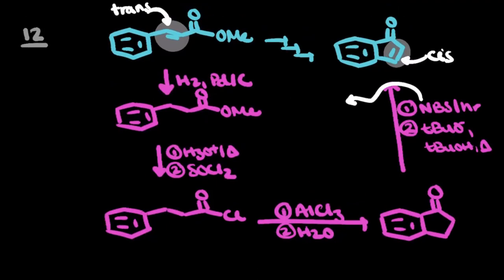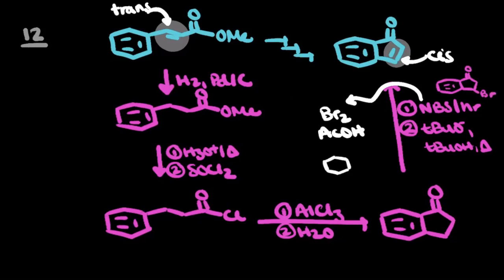So maybe instead of doing it at that alpha position to the benzene ring, you could do Br2 and some acid like acetic acid or acid water. That doesn't matter. The only difference would be a regioisomer, where this one would end up giving you this guy, and this one would end up giving you this guy.